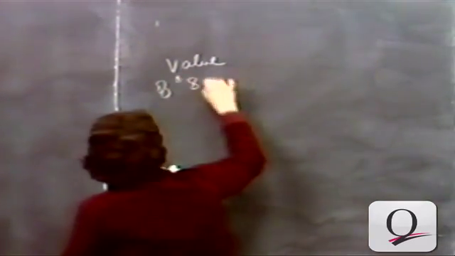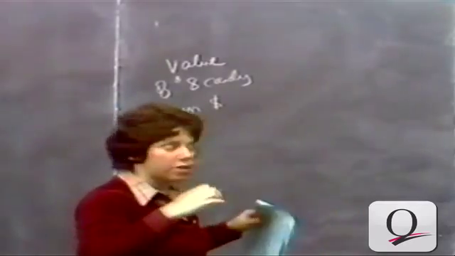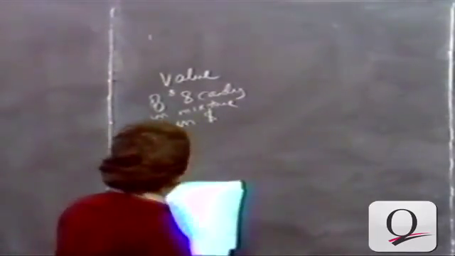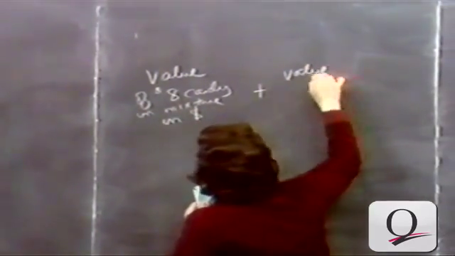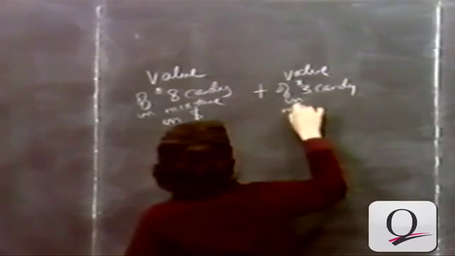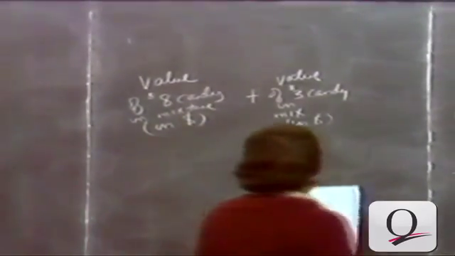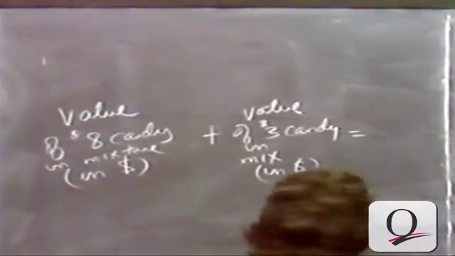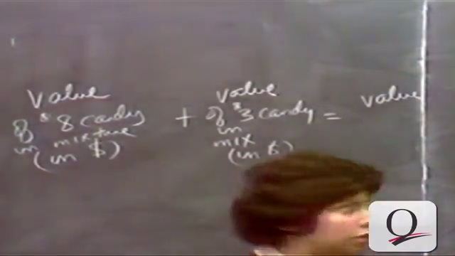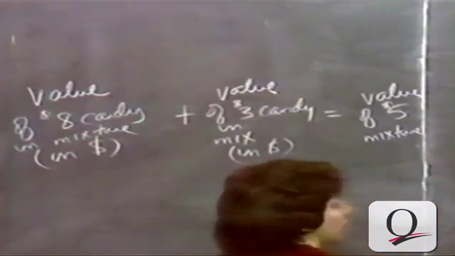of the $8 candy in the mixture in dollars, plus the value of the $3 candy in the mixture in dollars, should be equal to the total value of the mixture, which is the value of the $5 mixture candy.